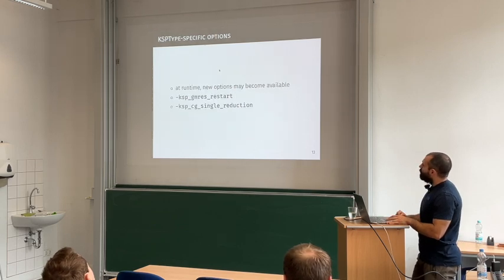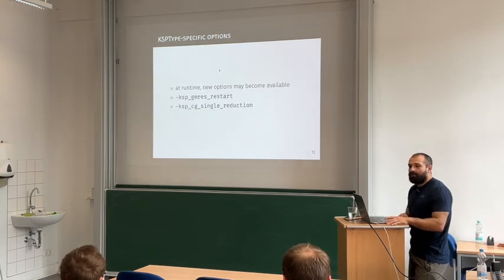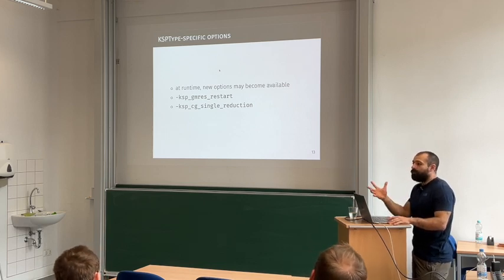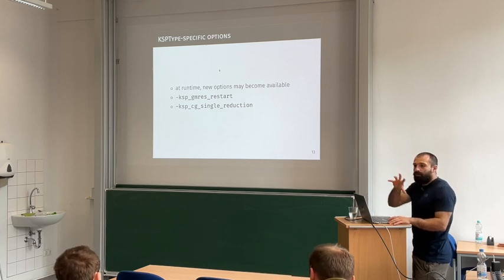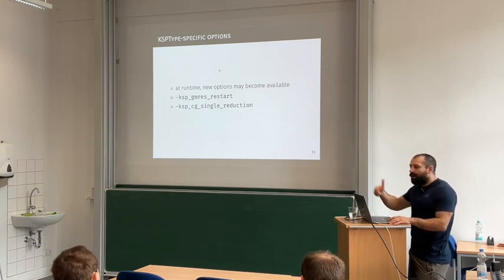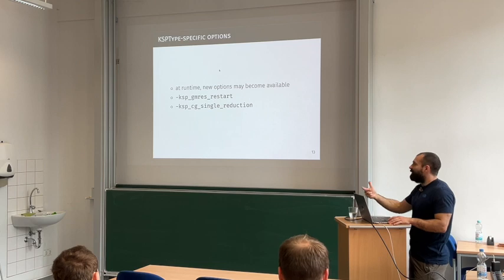What's also important to keep in mind is that PETSc can be used to build composable solvers. Basically, at runtime, depending on the set of options you use, more and more options become available.